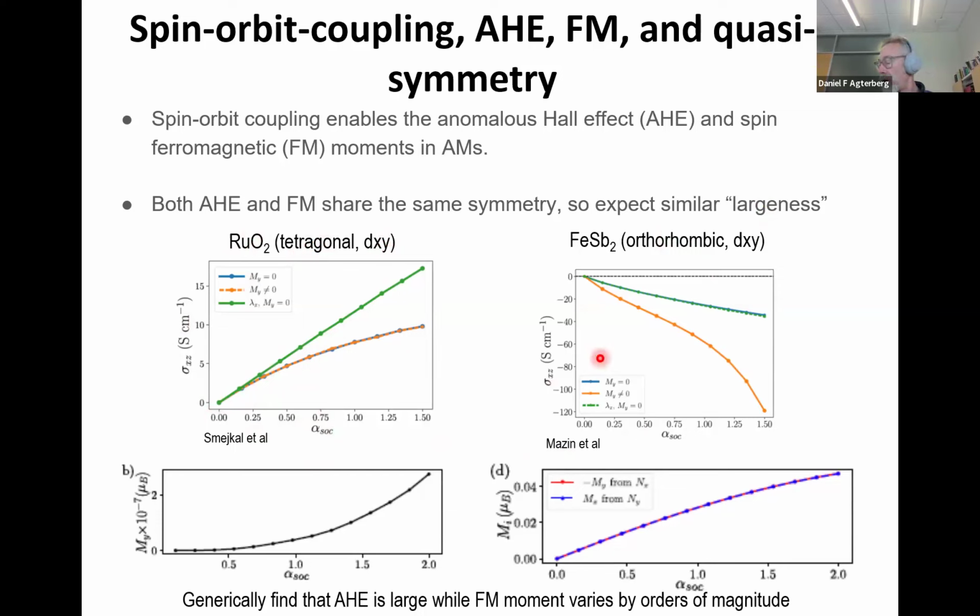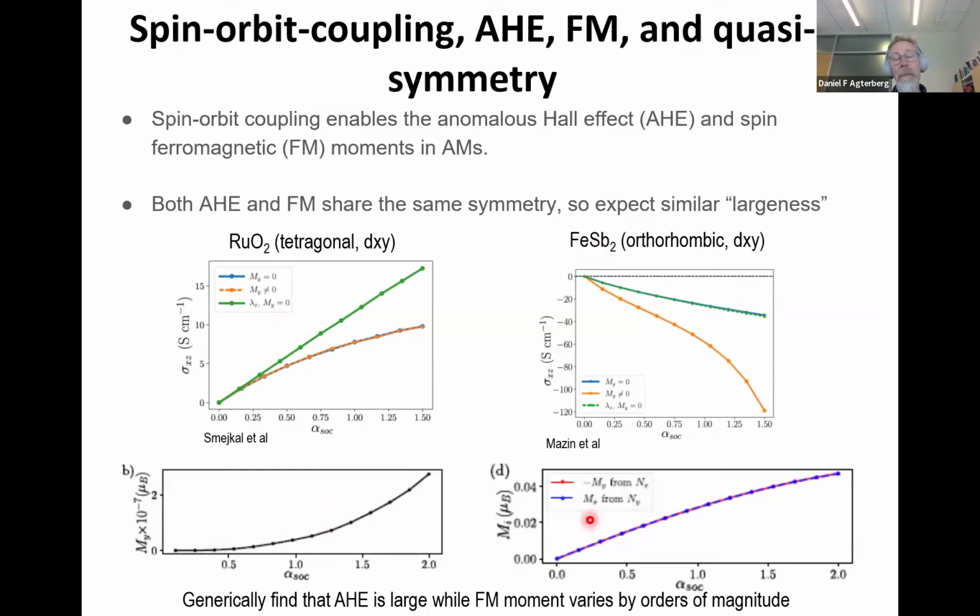However, if you go further and you look at the magnetization that's also generated by the spin orbit, you find that these two materials are dramatically different. The magnetization in the case of the ruthenium dioxide is incredibly small. So our calculations show it to be on the order of 10 to the minus 7 Bohr magnetons. And in the context of FeSb2, it's much larger.